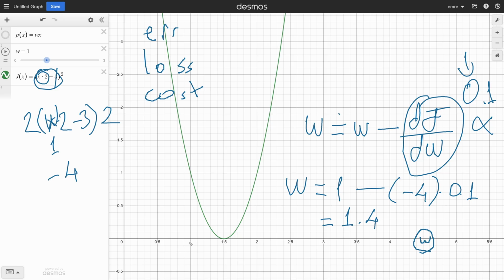At first, our W parameter was 1, so you are here, and after the first step, W parameter became 1.4. So we jumped from this point to this point. In this example, we were lucky. Although this step size is a little bit large, it landed on somewhere close to the optimum value.